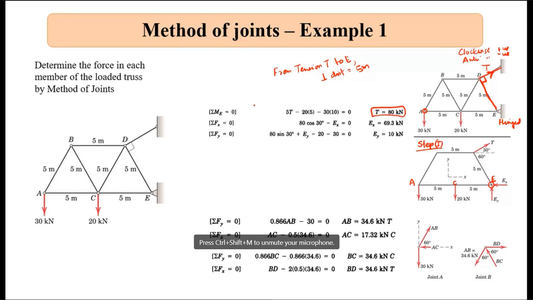Right. Now, if I take summation of force in the x direction equal to 0 for this complete structure, what should I get?